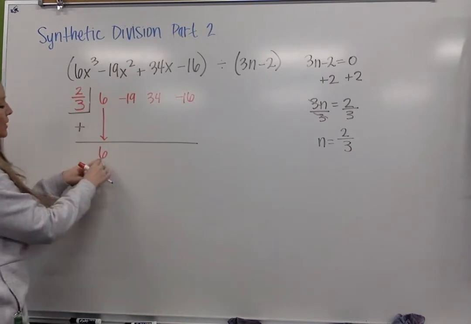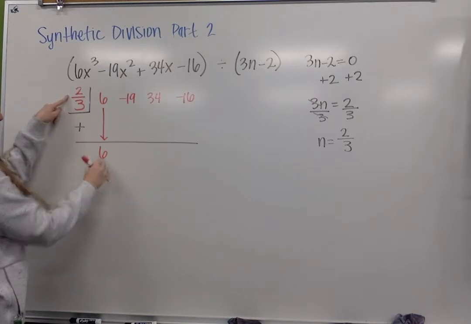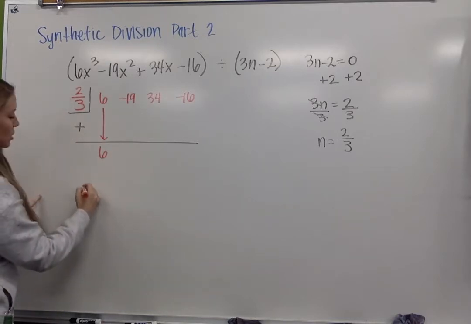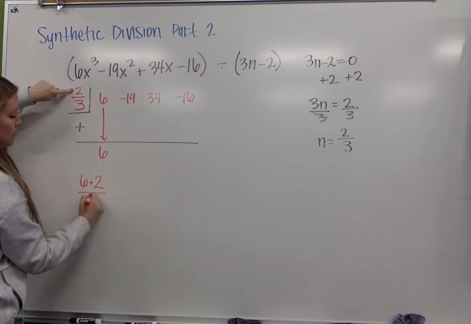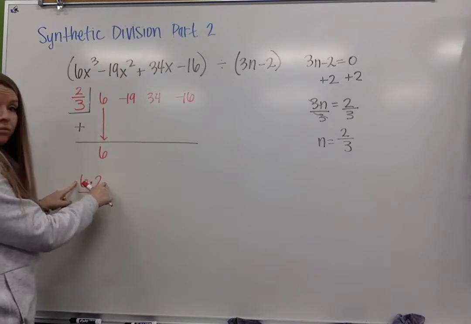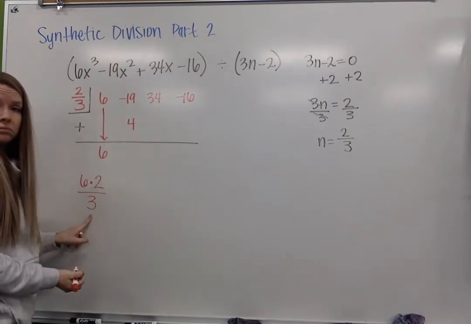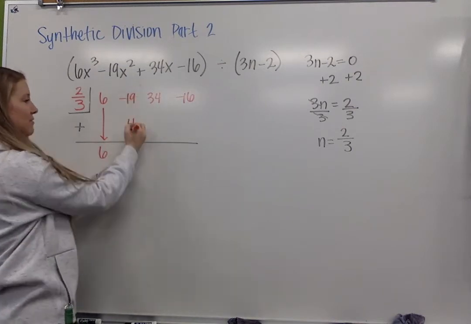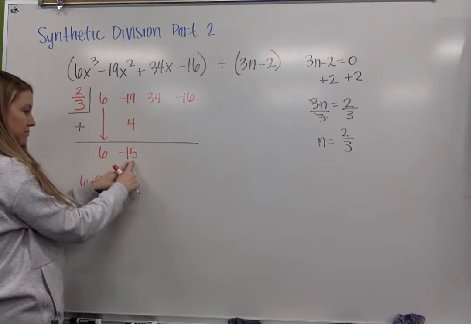Nice. So if I take 6 and multiply it by 2/3, that's going to look like 6 times 2 divided by 3. So 6 times 2 is 12, divided by 3 is 4. Okay? -19 plus 4 is -15.